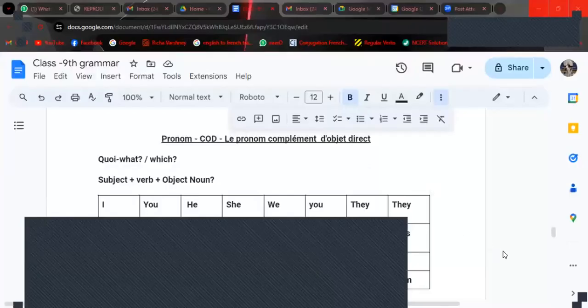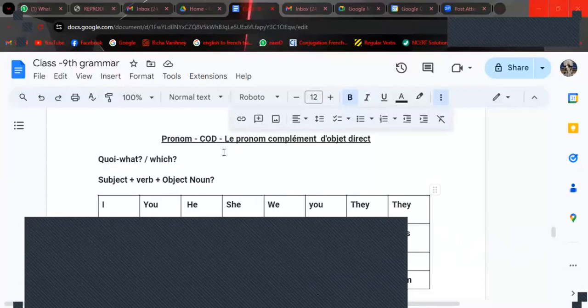Here we are going to replace the noun of the object. What is this? Many students get confused. So I am here to explain how we can attempt the COD pronoun confidently.